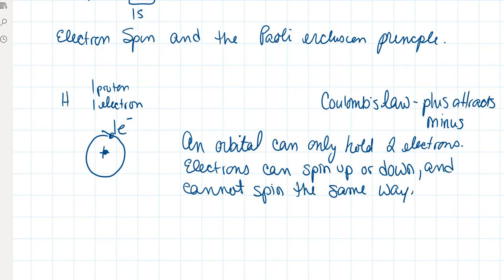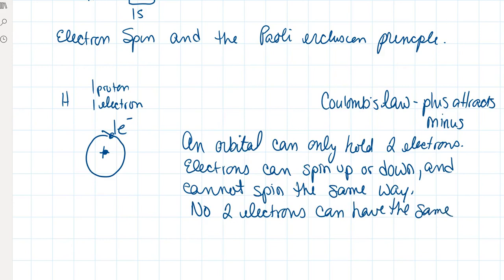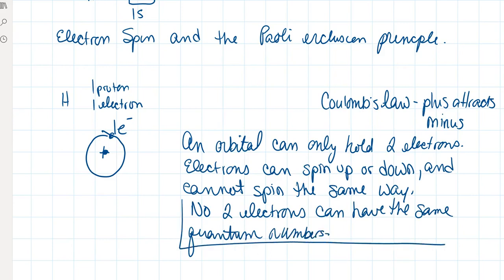And that's effectively what the Pauli exclusion principle is. No 2 electrons can have the same quantum numbers. It excludes electrons from having the same quantum numbers.